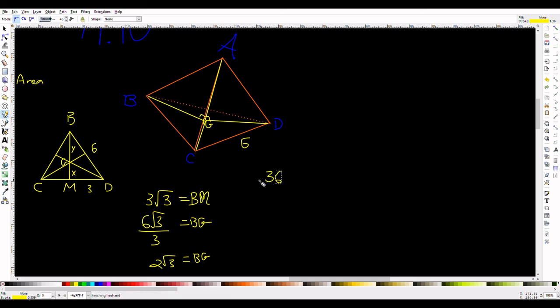Our hypotenuse is 36 minus 2 root 3 squared, which is 4 times 3. Square root of 24. It's 2 root 6.